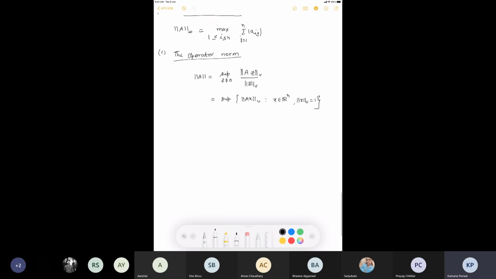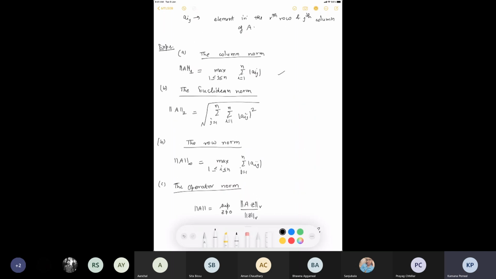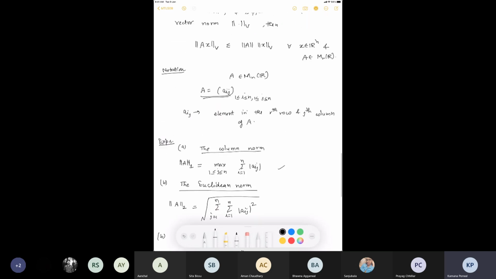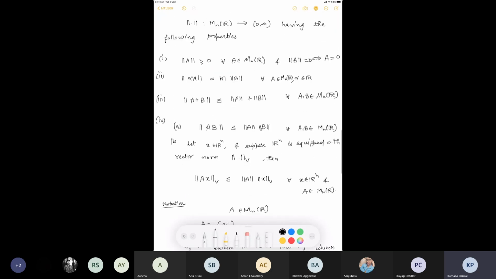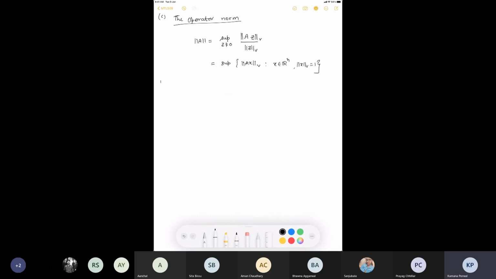So now again the exercise for you is that you have to verify that all these 4 definitions which we have seen here, they all define norms. That is, you have to verify that they satisfy all the properties of this definition 2. Okay, so this is an exercise for you.